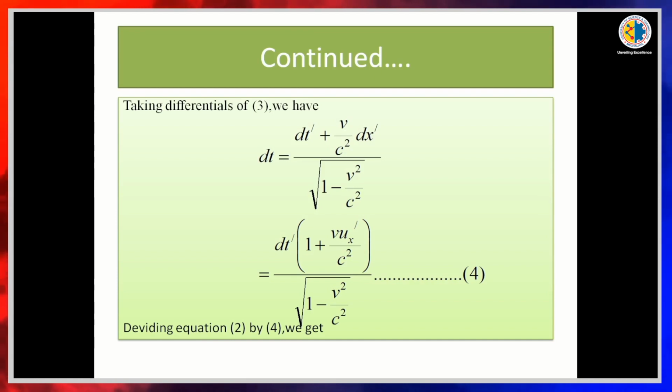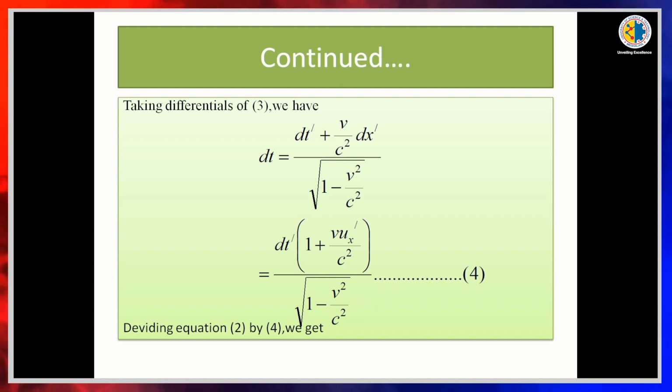Taking the differential of equation 3, we have dt is equal to (dt' plus v by c square dx') divided by root over 1 minus v square by c square, which is equal to dt' into (1 + v u'x by c square) divided by root over 1 minus v square by c square. This is equation 4.